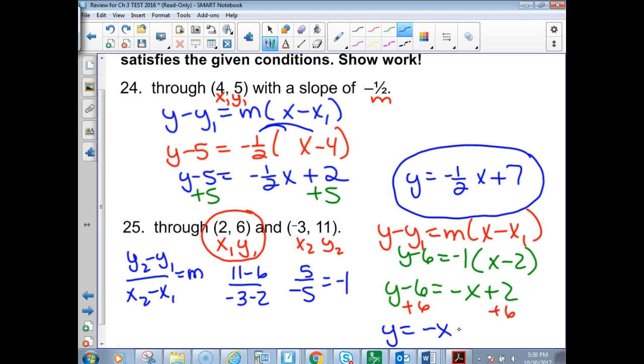You can write the 1 if you want, plus 8. I think I went very quickly here, so I'll double check. 6 minus 11 is 5, yes, negative 3, good. I put in 2 and 6, yep. Okay, adding, that's it.